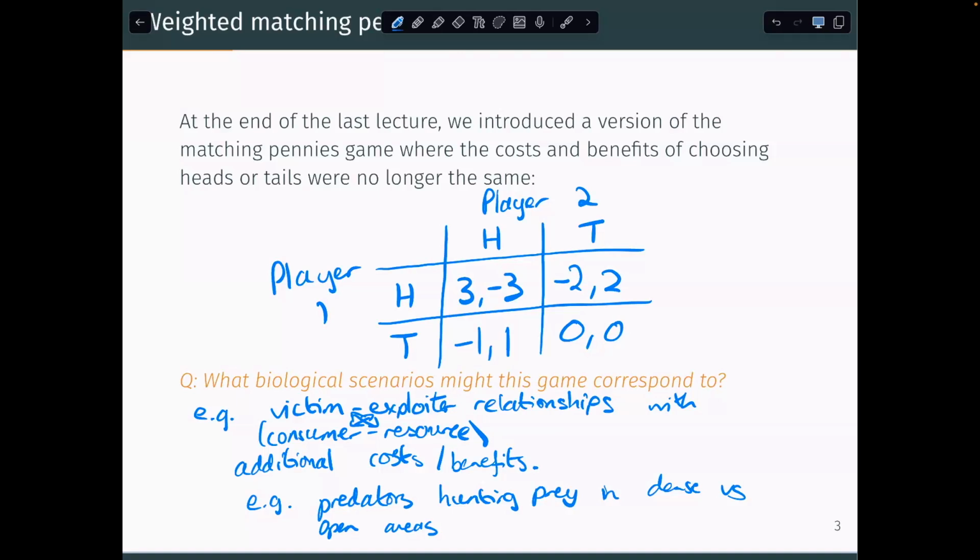But in a biological sense, there's no reason why these numbers could differ. We've kept these things the same here for structural reasons and for simplicity. But there's no reason why your payoff as, say, a predator has to be the opposite sign to the payoff of your prey. But when they do differ, do we stop being zero-sum? Yes.